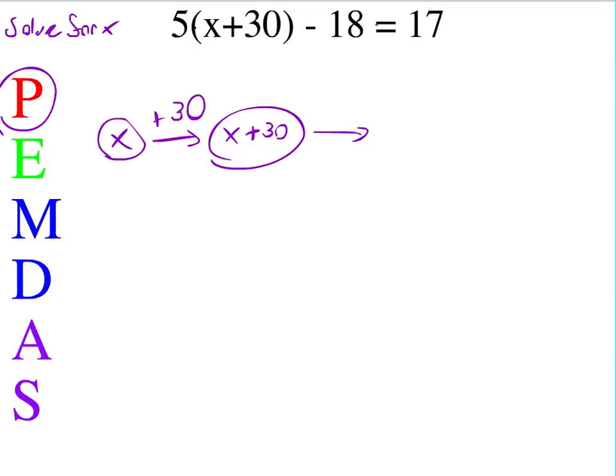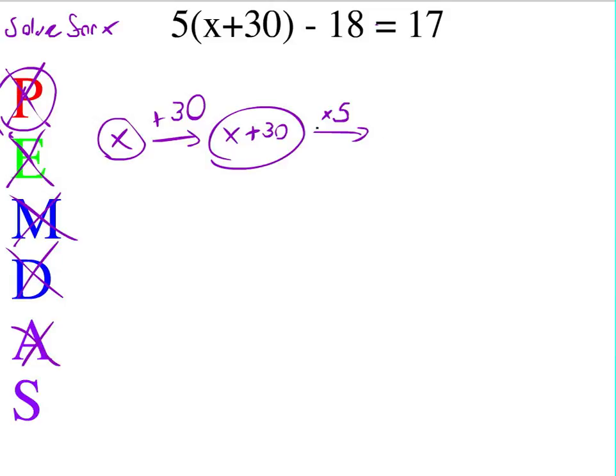When I add 30, that's going to give me x plus 30. Now we're continuing the order of operations. We're done with the parentheses. We don't have any exponents, which leaves us with multiplication or division. In this case, our next operation is multiplication. We're multiplying by 5. Alright, we're done with multiplication and division, and we don't have addition, but we do have subtraction.